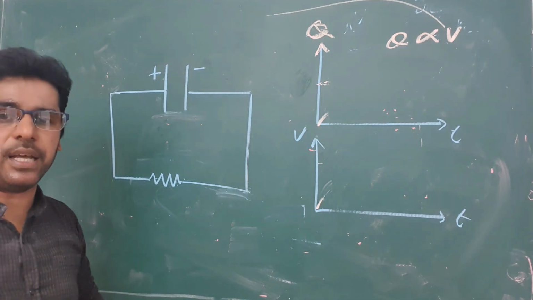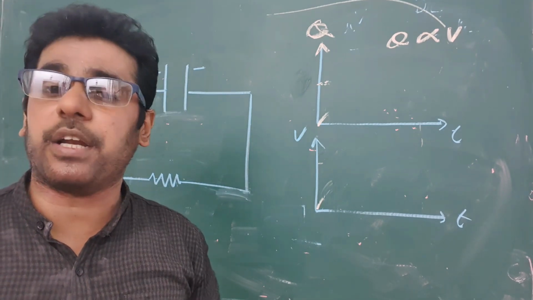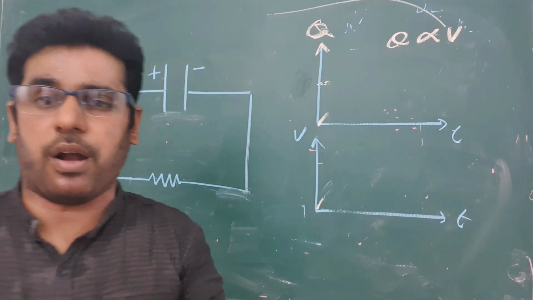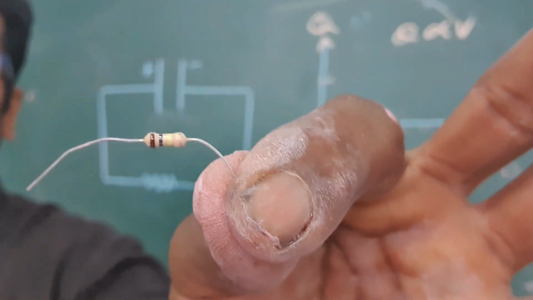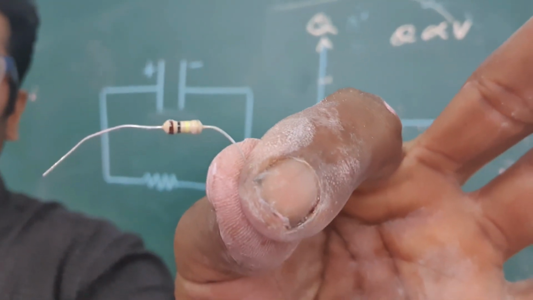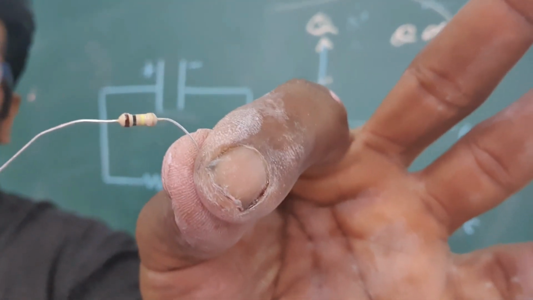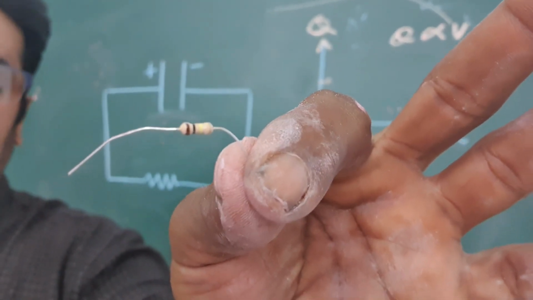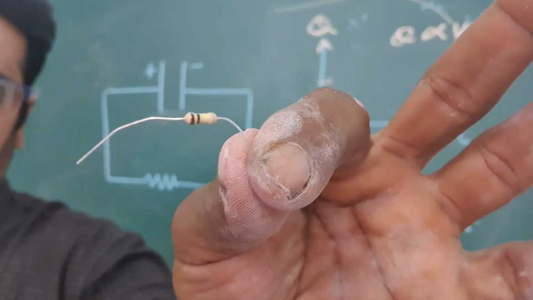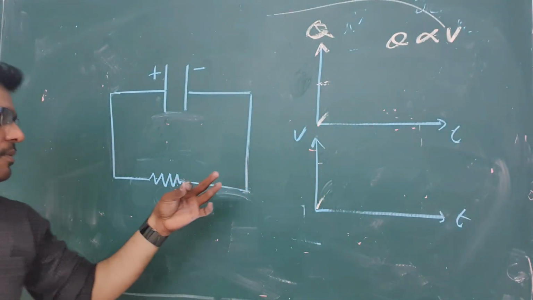The magnitude of a resistor depends on the color code. You can see it has colors, but the color code is not in the A-level syllabus, so I am not going to explain this one. This is the capacitor, this is the resistor. The resistor symbol is this one.